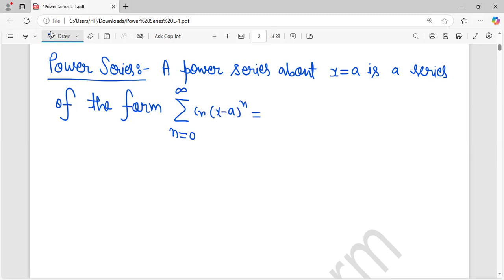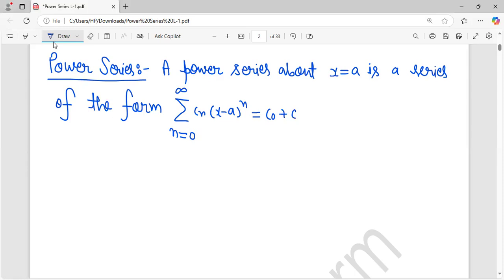Okay. So if we expand this, what will we get? C naught (x minus a) to the power 0 means what? It will be 1, because (x minus a) raised to the power 0 is nothing but 1. So we write C naught.